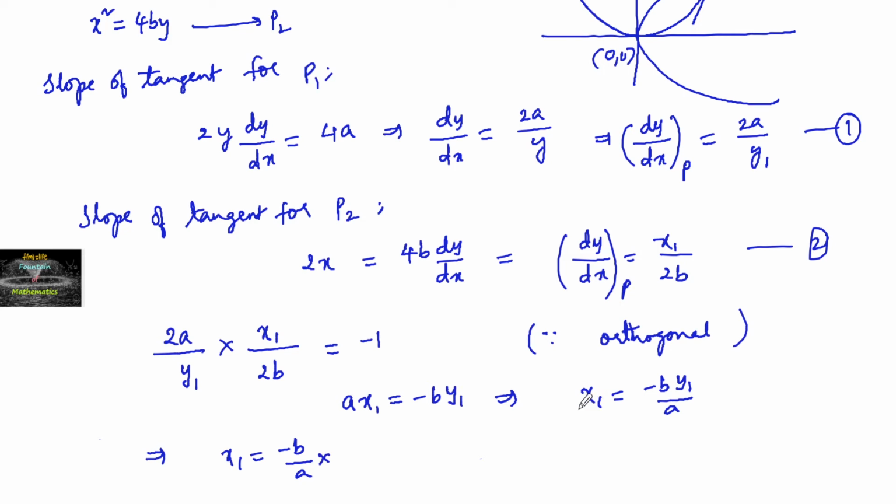So y1 from the second parabola we can write x1 square upon 4b.